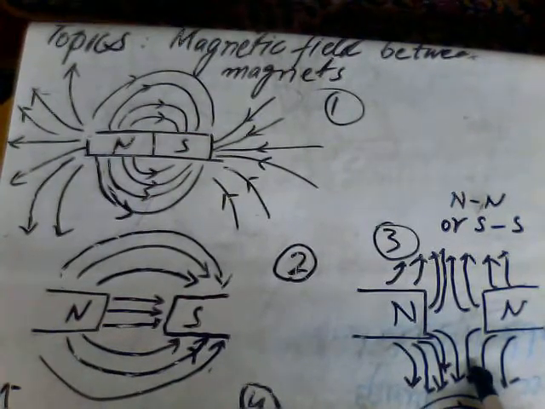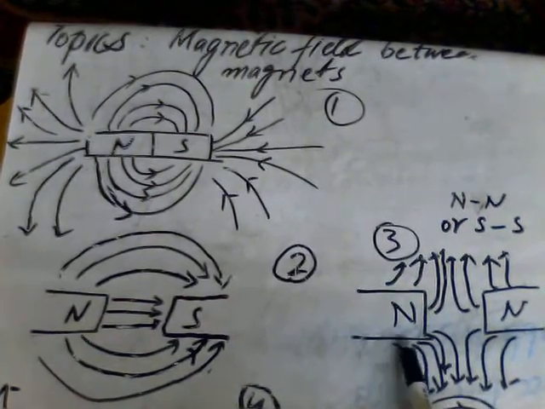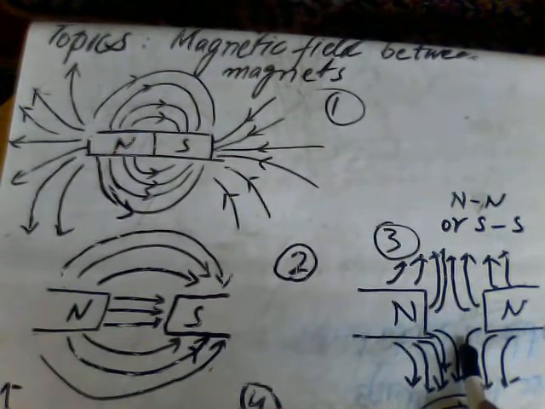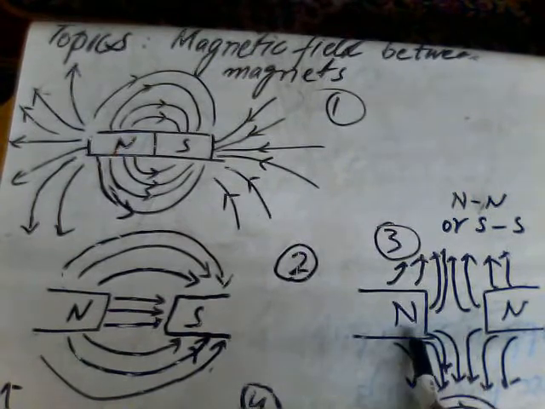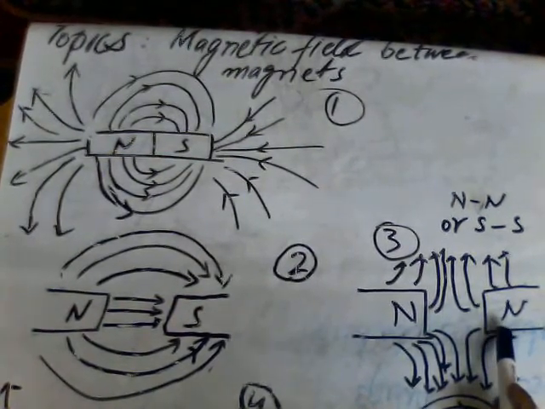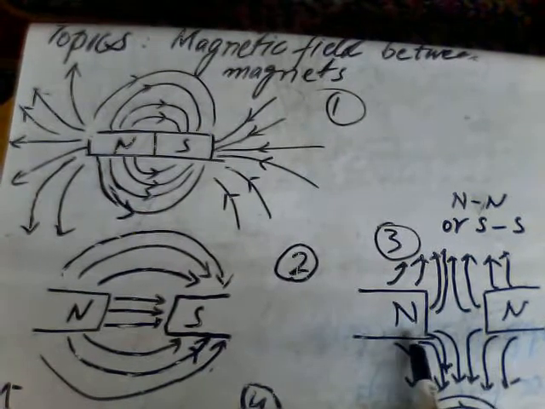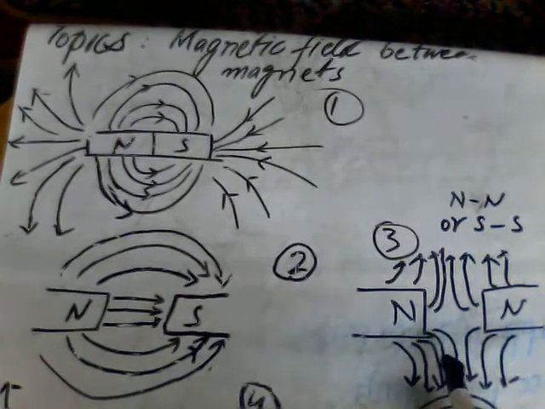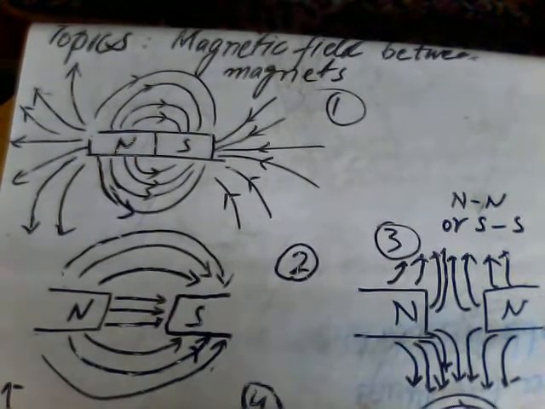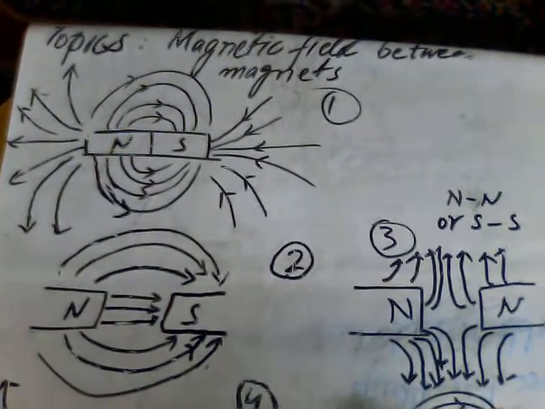So due to the repulsion, this design will appear. This pattern will be there between the repulsion of same poles. If it is the south pole, the repulsion pattern of the lines of force will be the same. So this shows the repulsion.